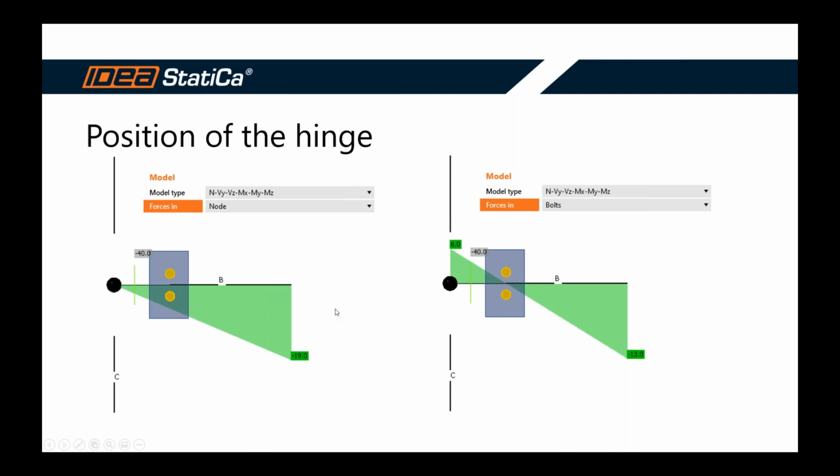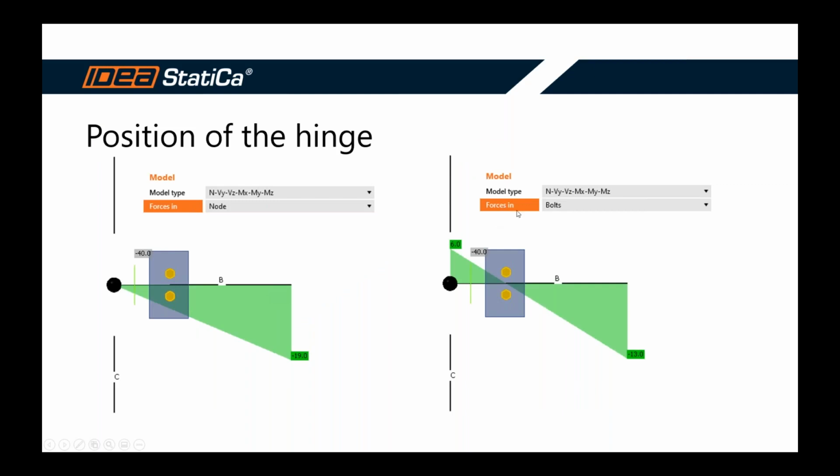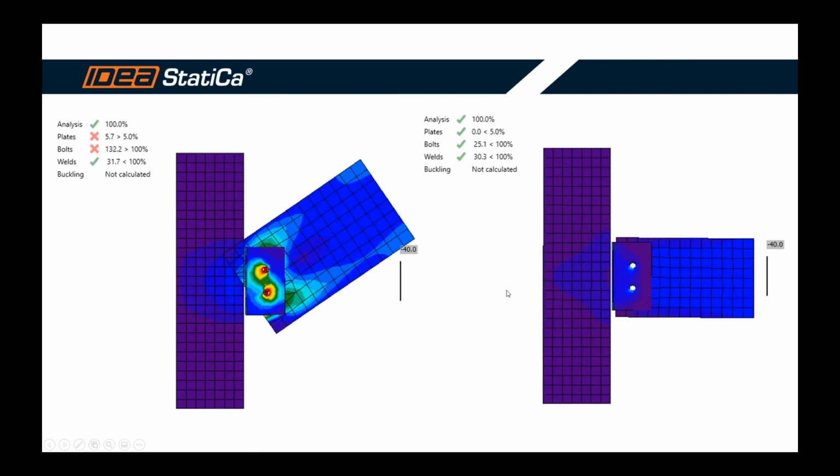So at the left figure, you can see the standard default configuration where the forces act in a node, but we have a bending moment at the place of the fin plate. And this bending moment caused the upward deformation. Now we can make a change in the model and shift the shear force into the position of the bolts so that we have zero bending moment there.